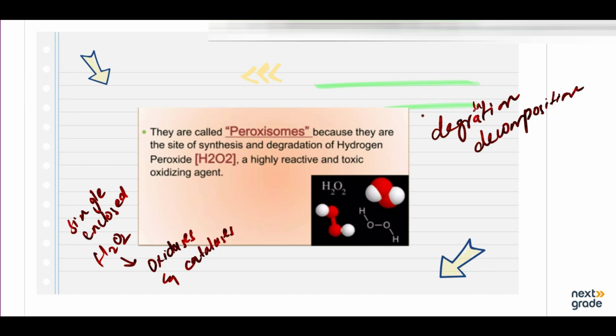They are approximately 0.5 micrometer in diameter. Very small, right? They have also been found in some protozoa, in yeast, and in many cell types of the higher plants. They are basically spherical in shape. So this is something about peroxisome.